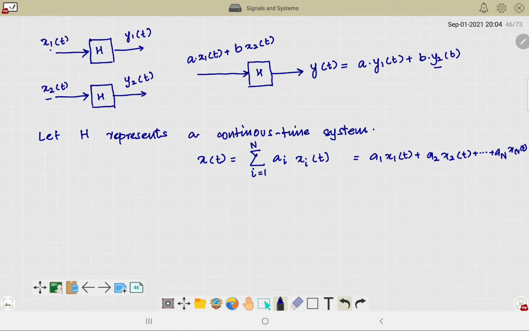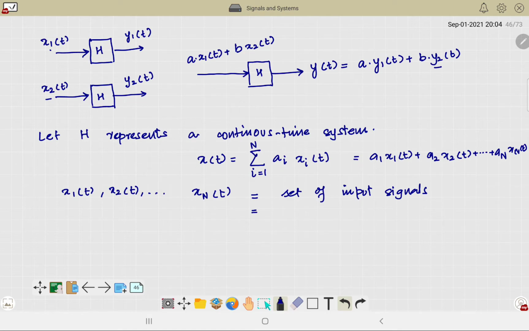So let me just put it here: x1(t), x2(t), right up to xn(t). They basically denote a set of input signals, right?